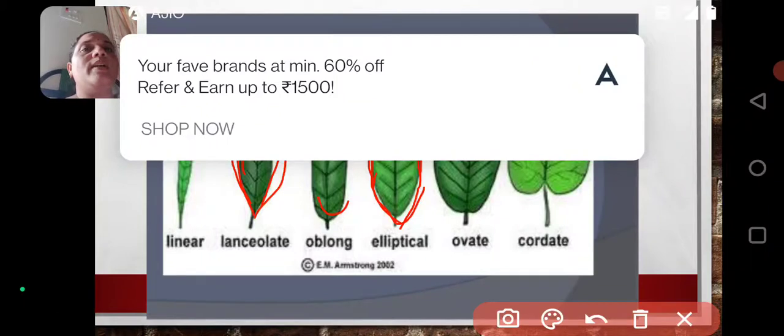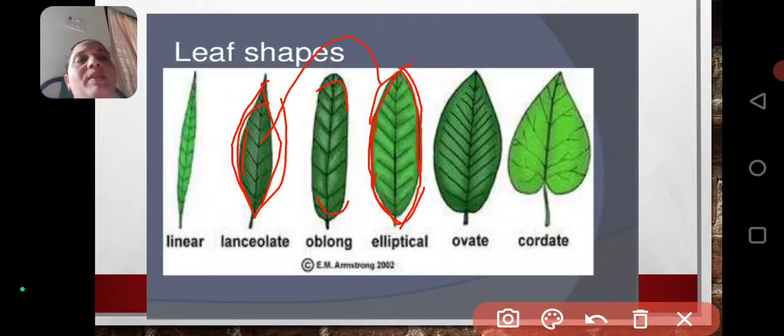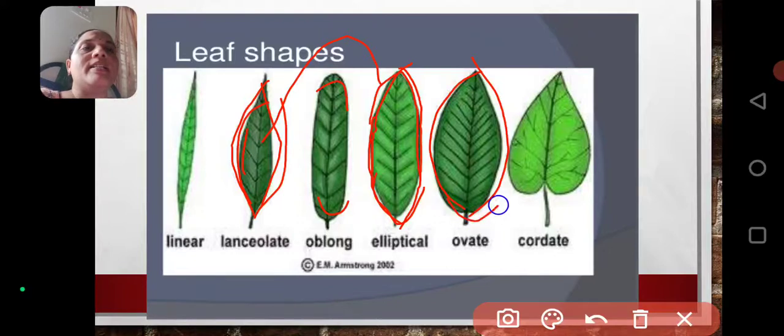And the next one is ovate. The ovate shape is an oval shape, egg shape like this. From one end there is a wide, blunt part, and at the other end the tip is very sharp.